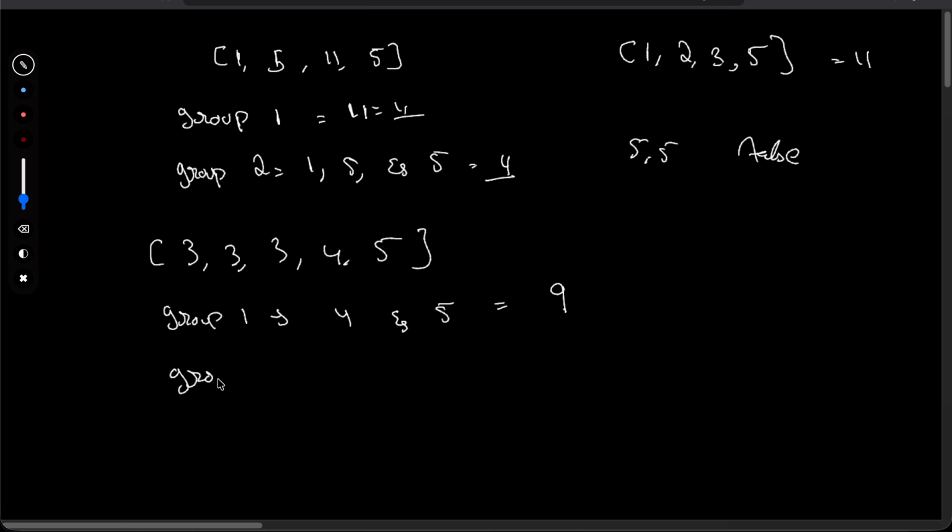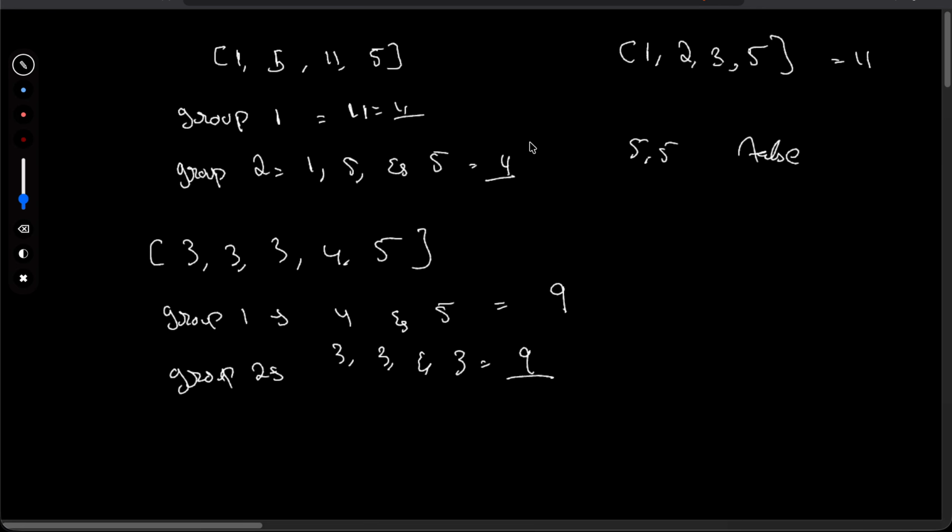Group 2 is 3, 3 and 3, so its total is 9. Both groups have equal sum, so the answer is true. So basically the problem is asking, can we divide the array into two subsets such that both subsets have exactly the same total sum? That's the main idea of this problem.